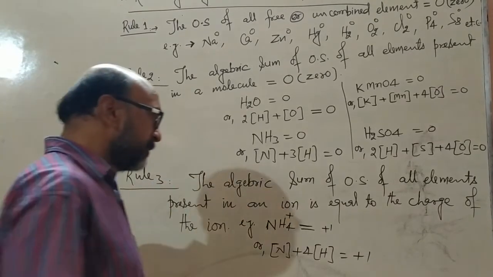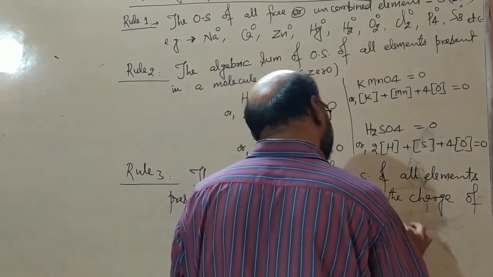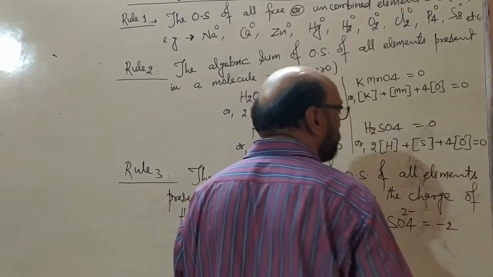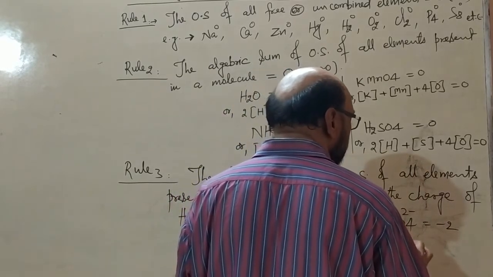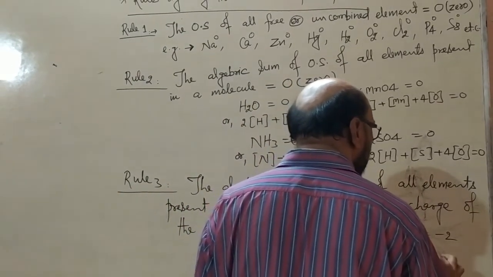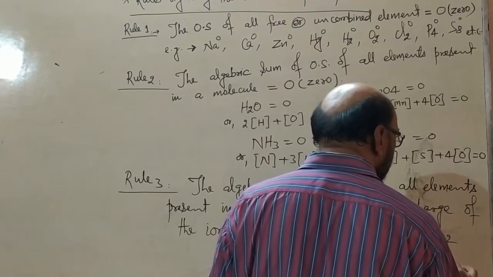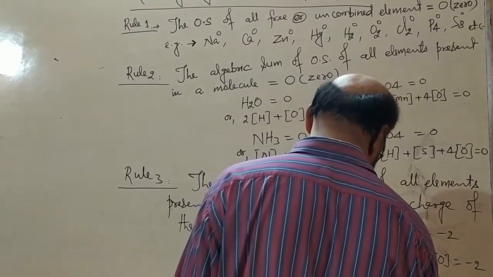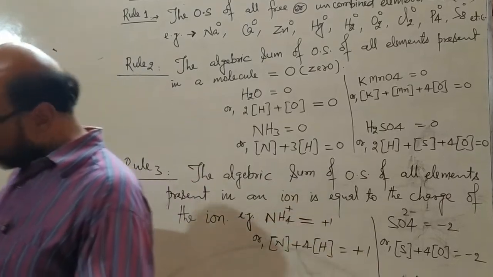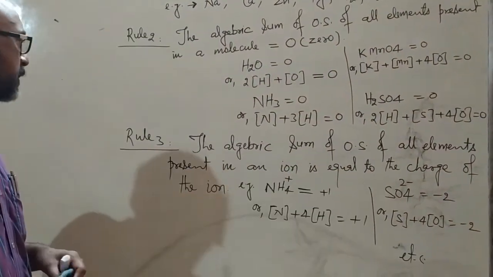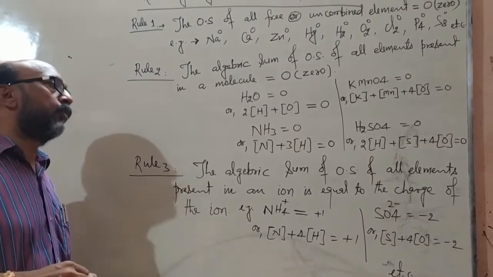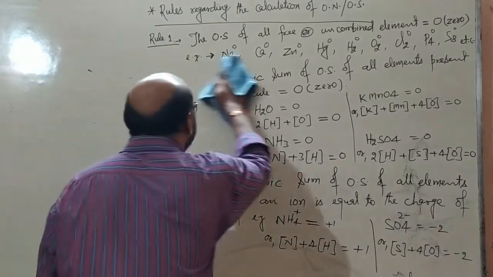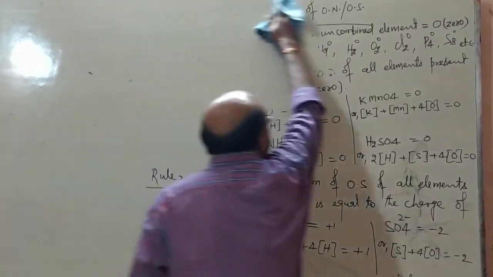Right? Sulfate ion SO4 2- is equal to minus 2. It means charge on sulfur plus 4 into charge on oxygen atom is equal to minus 2. This is the third rule regarding the calculation of oxidation number of elements.